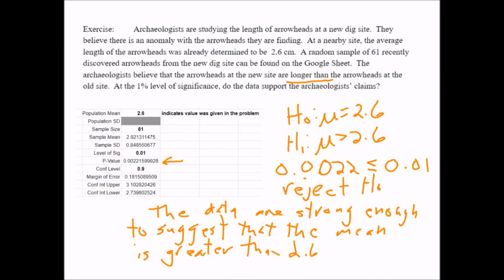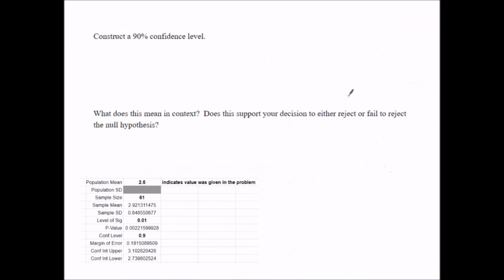Then if we wanted to go on, I believe it does ask us for a 90% confidence interval. All right, so we have our 90% confidence interval right down here. It is from 2.7 to 3.1.